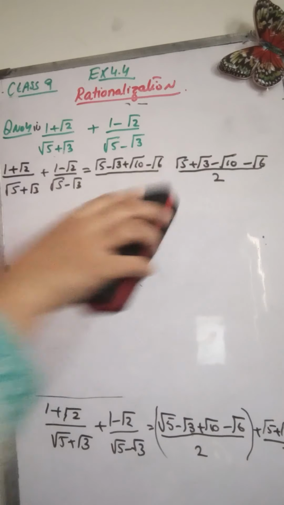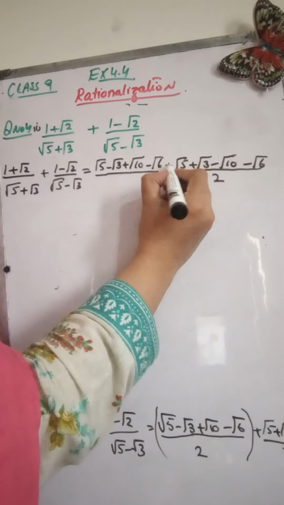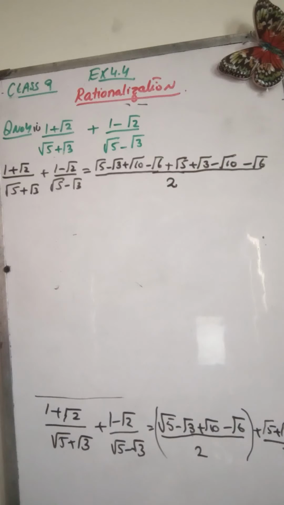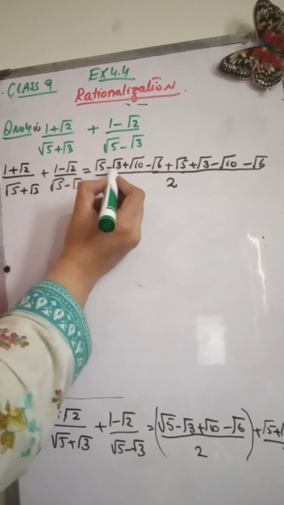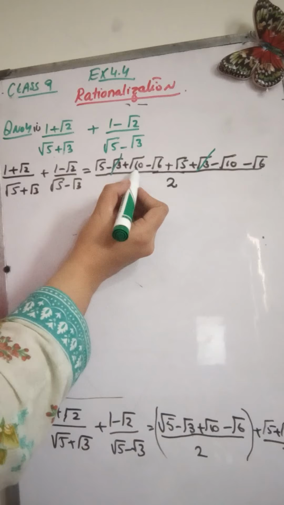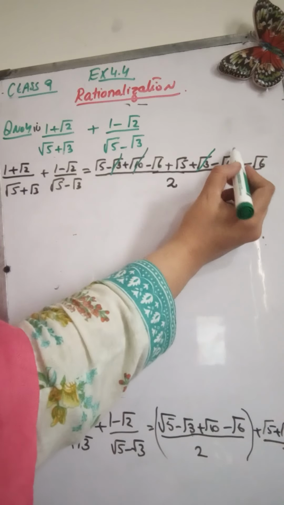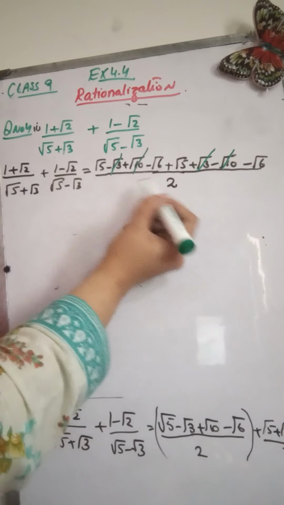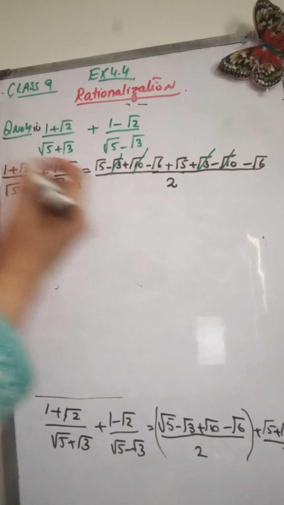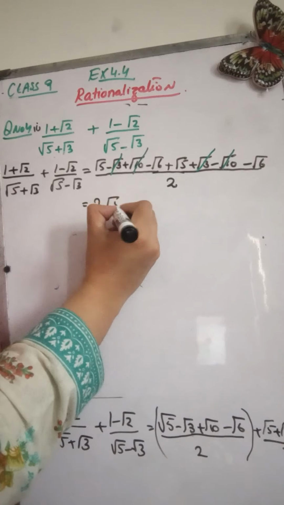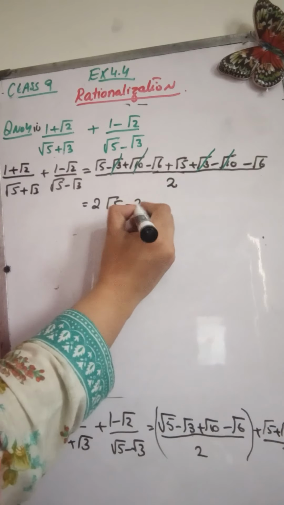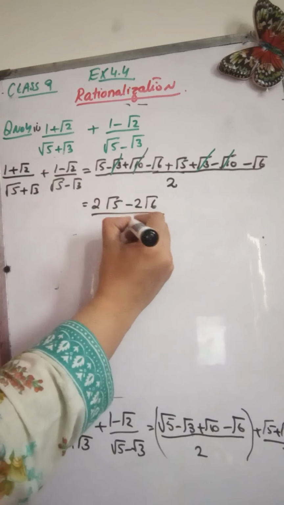This will be equal to over 2. Now as you may see, under root 3 can be cancelled out with positive under root 3, negative under root 3, and plus under root 10 can be cancelled out with minus under root 10, and under root 5 plus under root 5 will give us 2 times under root 5. Negative under root 6 minus under root 6 will give us negative 2 times under root 6 over 2.